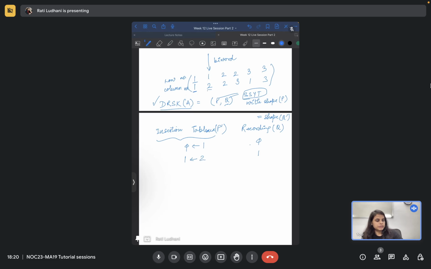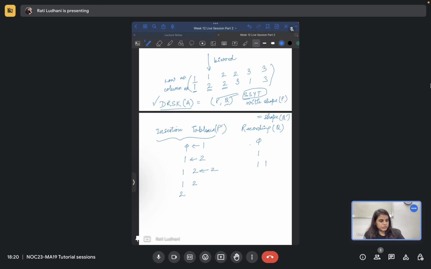So what will we get? 1 2, with 1 1 in the recording tableau. Next we insert 2 and get 1 2, with 2 in the next row. The difference between dual RSK and RSK is that we are allowed to replace the same number also, not just the bigger number.